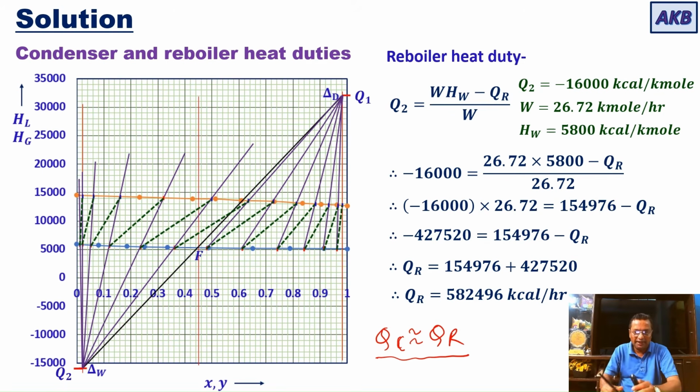With this, I end my discussion on how to solve the numerical, how to get the number of stages by using the Ponchon-Savarit method. We have learned how to find the equilibrium stages, how to get the minimum reflux ratio, how to get the minimum number of stages, and how to calculate condenser and reboiler heat duties.